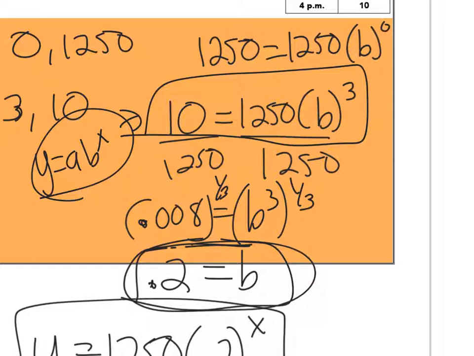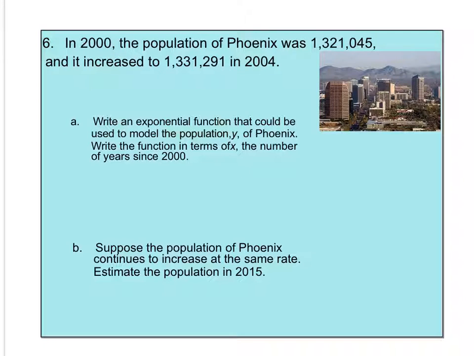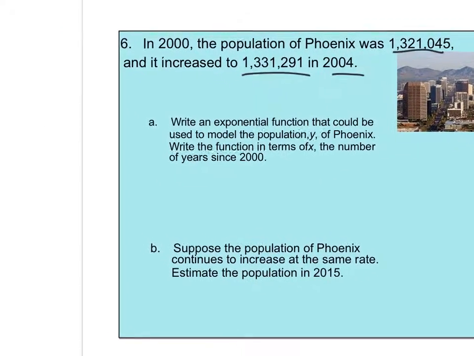for what I could. So in 2000, the population of Phoenix was 1321045, increased to that in 2004. Write an exponential function that could be used to model the population of Phoenix. Write the function in terms of x, the number of years since 2000. So we need to play around with what a growth rate will look like.